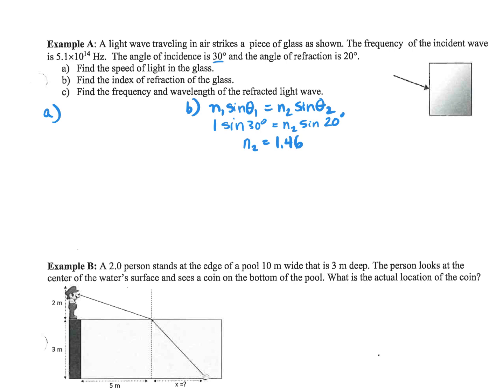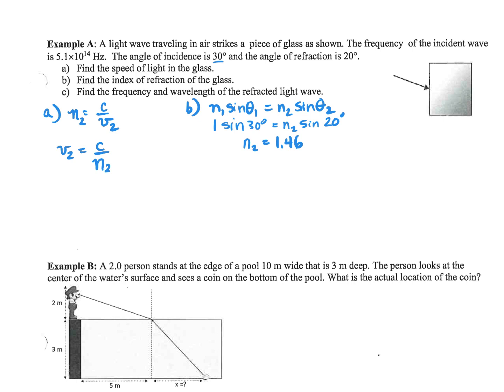All right, so let's go back to A. Find the speed of light in the glass. What did we just realize? We defined n as being c over v, didn't we? Well, we know what n sub 2 is. So now we can figure it out, can't we? So v sub 2 is going to be c over n sub 2.